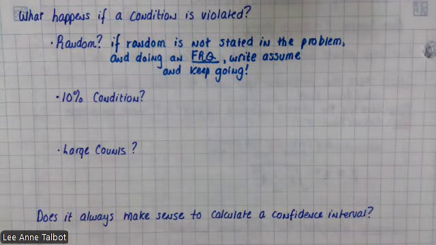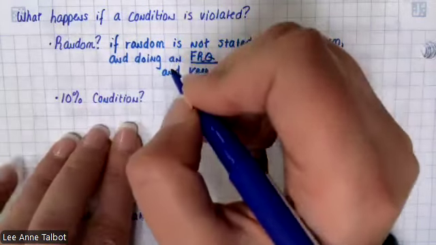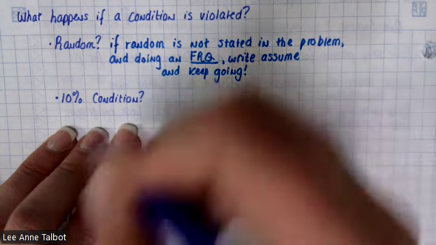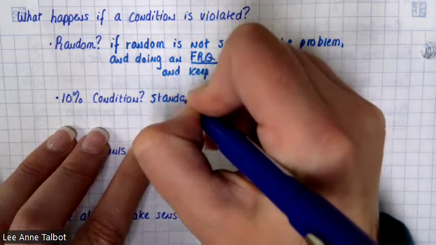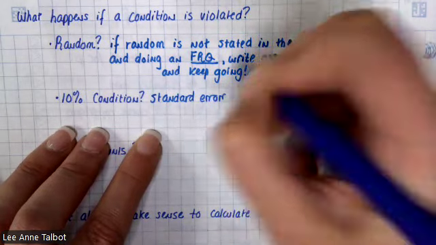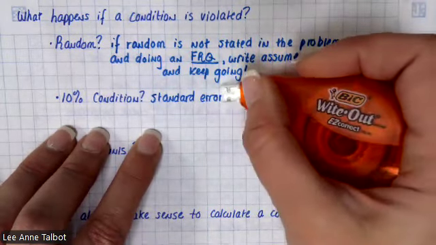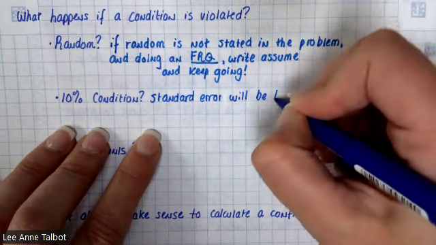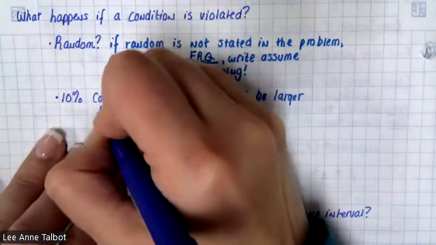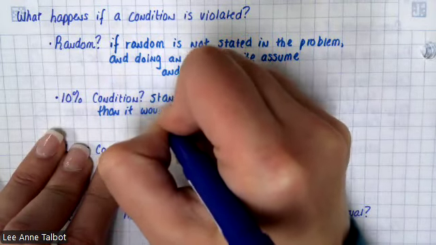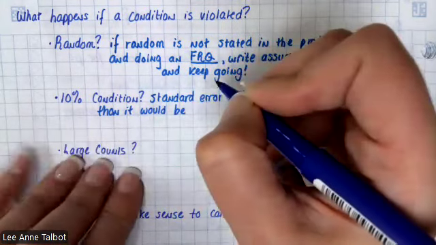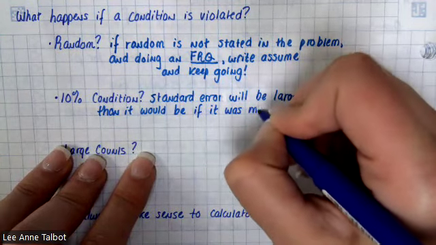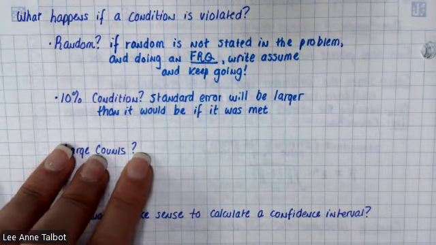Okay, 10% condition. If the 10% condition is violated, which it wasn't for this one, the standard error will be larger than it would be if it was met.